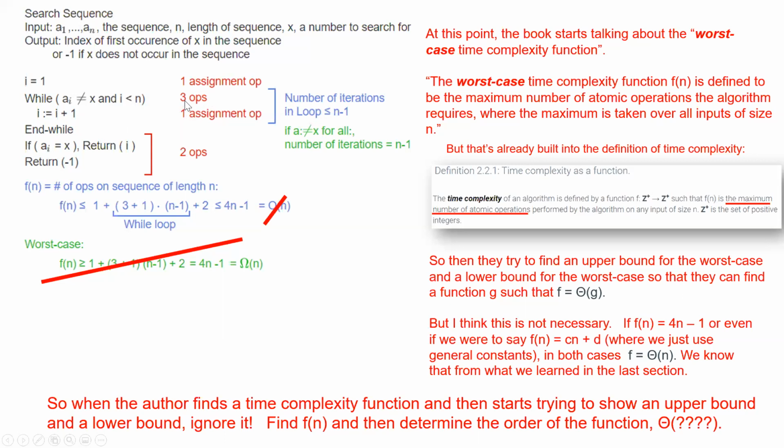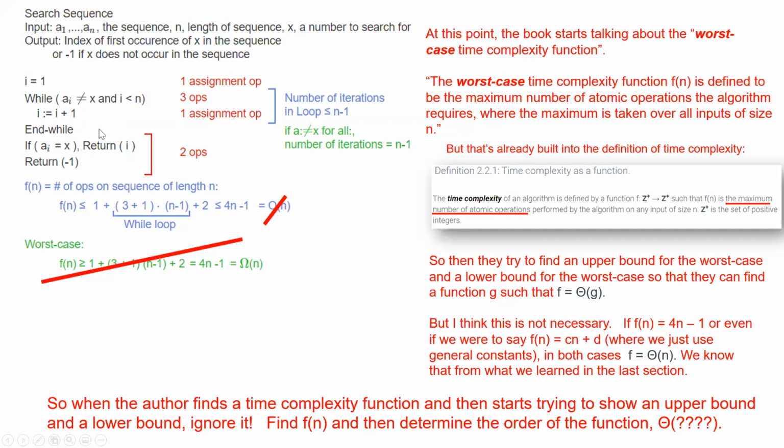But anyway, they add this up, but then they say, what happens is this one is going to look for a number, and as soon as it finds the number, it returns. So it's not always going to go through the same number of times, depending upon what sequence is given. It's looking for a certain number in a sequence.